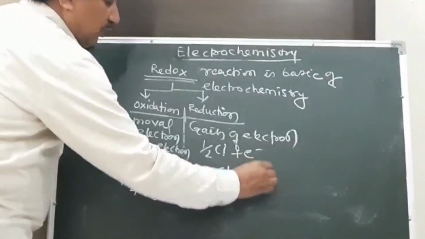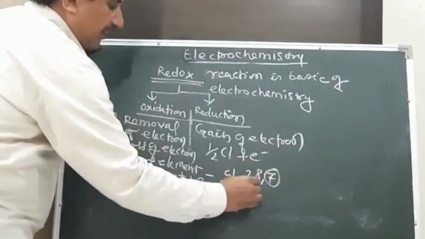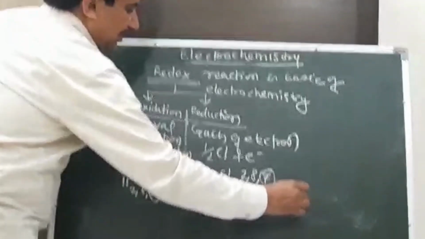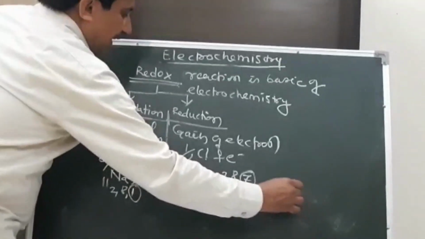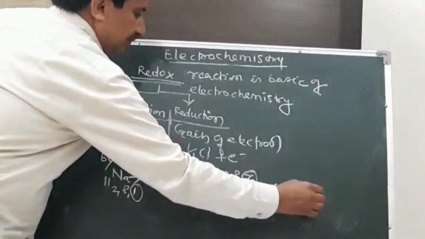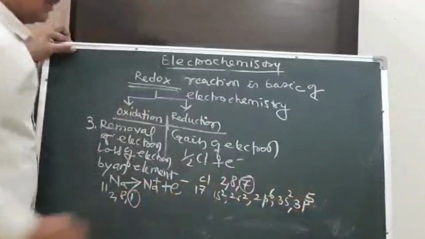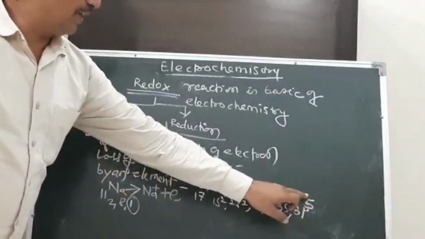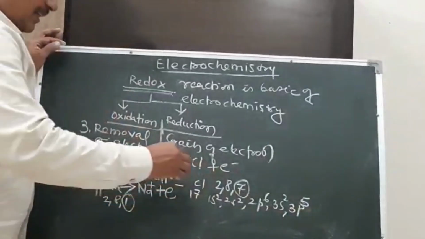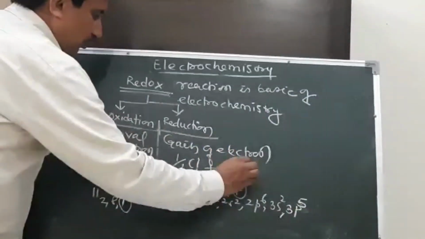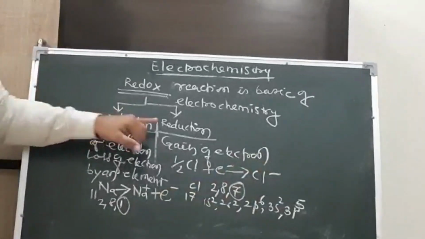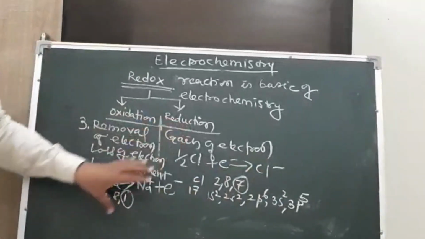Its configuration is 2, 8, 7, or simply we can write 1s2, 2s2, 2p6, 3s2 and 3p5. So this requires one electron. So that electron is being supplied from somewhere and it is now getting converted into Cl minus ion, chloride ion. So this is oxidation and reduction in terms of electronic exchange.